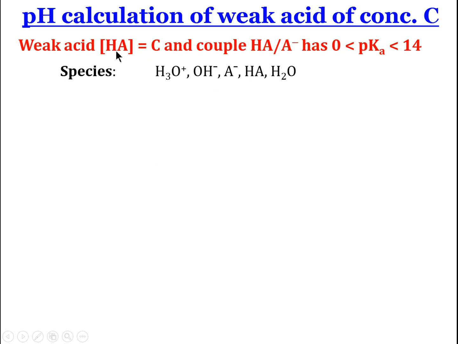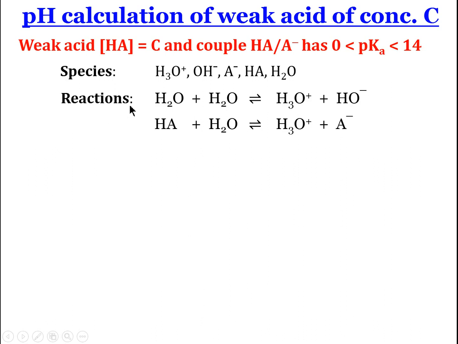Since the acid HA is weak, it dissociates partially to A- and H3O+, and we have HA remained. The presence of H3O+ indicates the presence of OH-, so OH- has one source, which is the autoionization of water. H3O+ has two sources, the autoionization of water and the dissociation of HA.